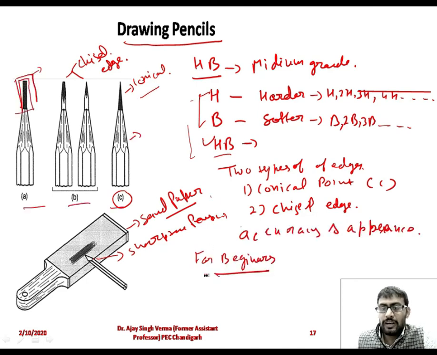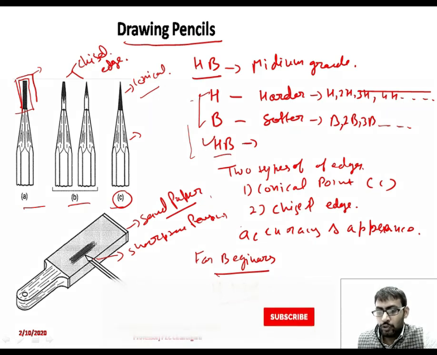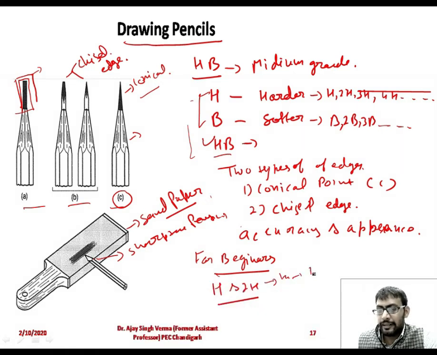For beginners, for example if we are in first year and plotting a drawing on our drawing sheets, we recommend using only H and 2H pencils to draw the figures. These are harder grade pencils and are lighter in appearance. When we make an unwanted line and have to rub it out, the H and 2H pencils do not leave any impression on your sheets.